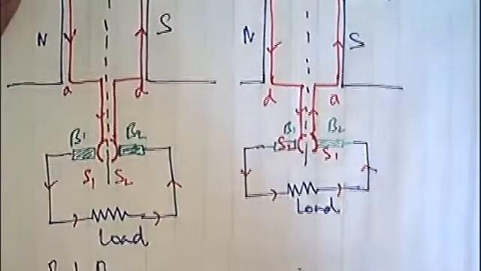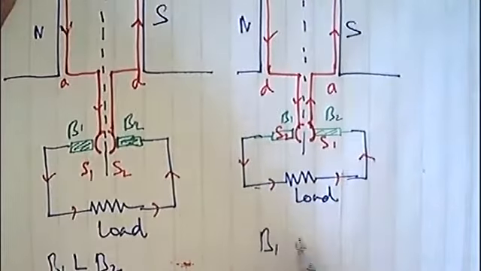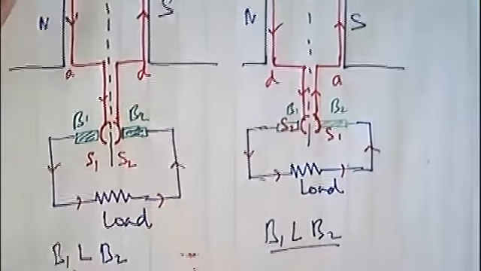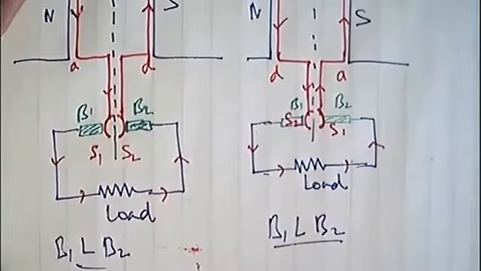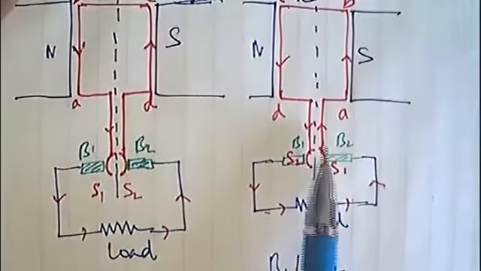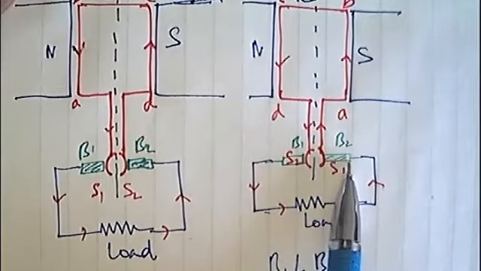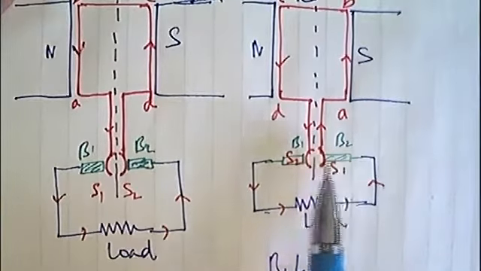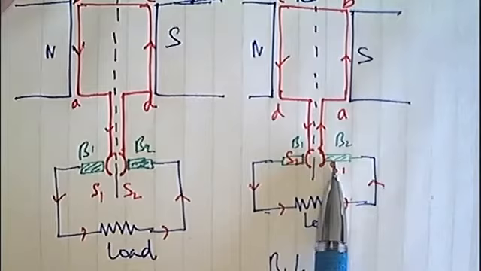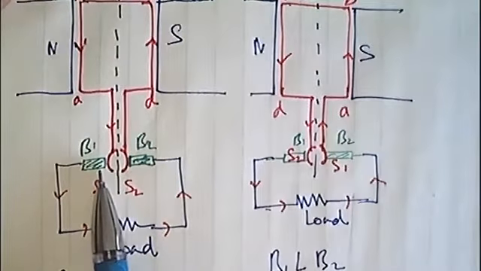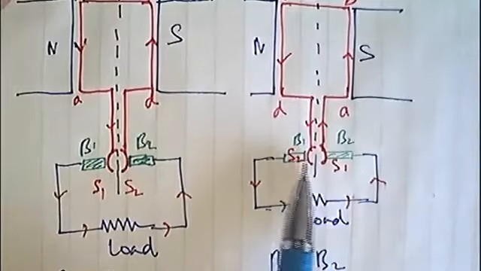From B1 to load and then to B2. The current remains in the same direction, because if the direction of current changes in the coil, you have changed the connection to the external circuit. In AC generator, the connection to the external circuit will remain same. Here you have reversed. जो पहले S1 से कांटेक्ट में था B1, अब B1 is in contact with S2.